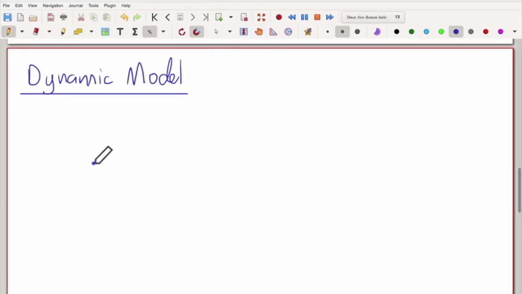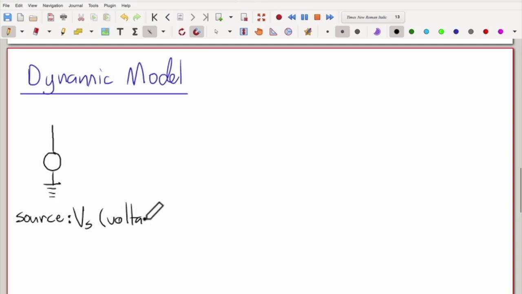Okay, so let's start on the left with a source, and this is the electrical drawing of a source. It's going to be either, call it VS for voltage source, or alternatively, we're going to consider IS, which is a current source.